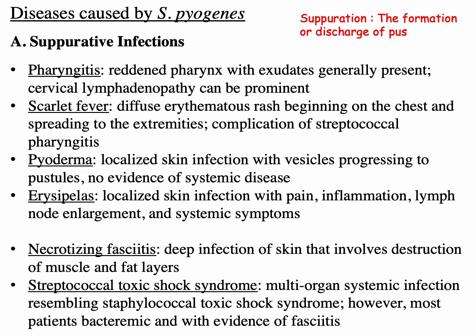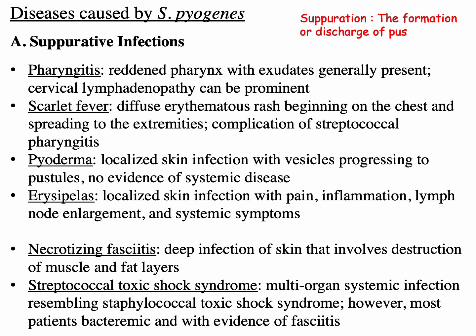You have pharyngitis, which we commonly call strep throat, and scarlet fever, which is strep throat plus two other symptoms. There's a rash that we mentioned on the chest and other parts of the body, and also the strawberry tongue that we mentioned. Those symptoms, the rash and the strawberry tongue, are due to the production of a toxin called erythrogenic toxin by group A strep.